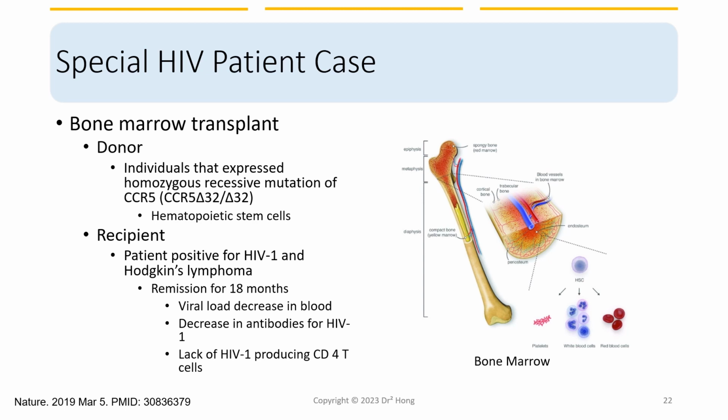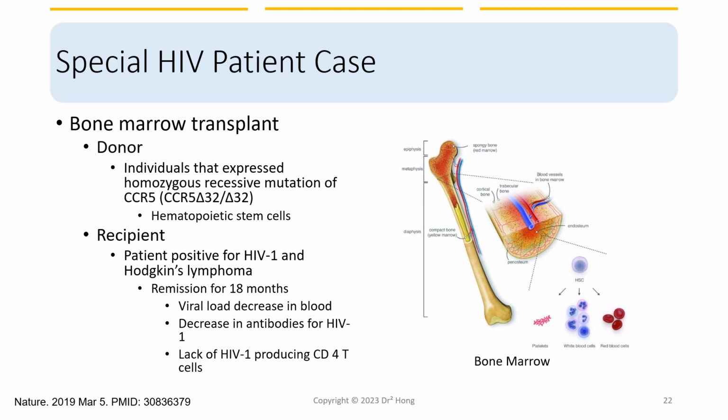While this case study showed promise for a potential cure for HIV-1, the risks associated with bone marrow transplant and the rarity of finding a suitable donor with this type of mutation make this option unfeasible for the general population.